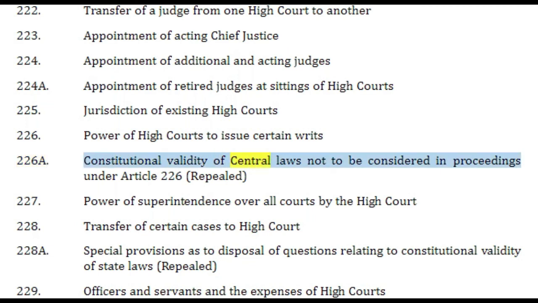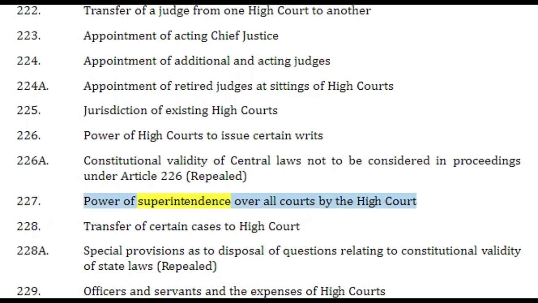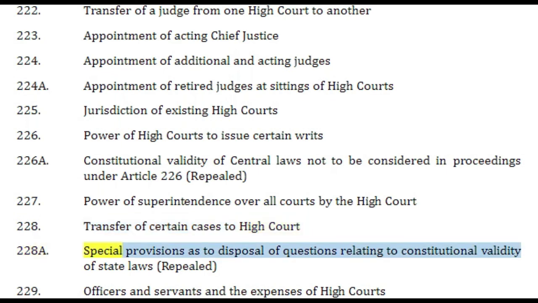Constitutional validity of central laws not to be considered in proceedings under Article 226, repealed. 227. Power of superintendence over all courts by the High Court. 228. Transfer of certain cases to High Court. 228A. Special provisions as to disposal of questions relating to constitutional validity of state laws, repealed.